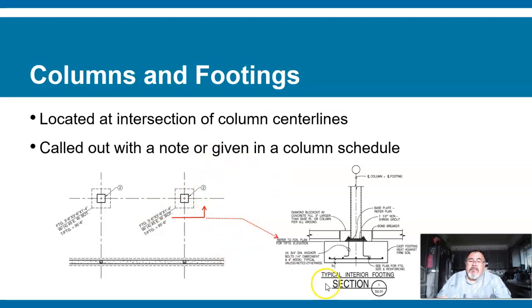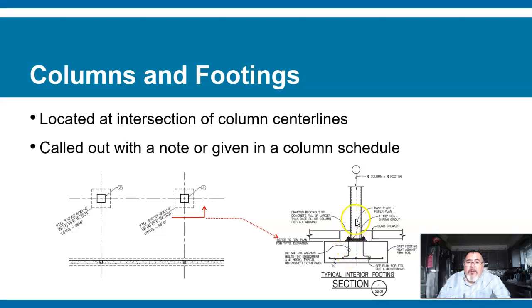And if we were to look at a section of that footing, you'd see the bars of steel, 1, 2, 3, 4, number 5 with the bottom. You have to be able to read those notes and understand them. 4 3/4 inch diameter anchor bolts. So these are anchor bolts, not steel rebar coming out of them.